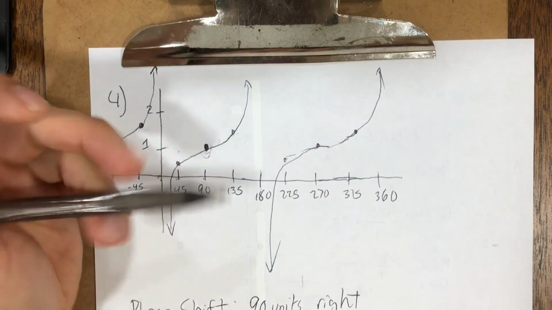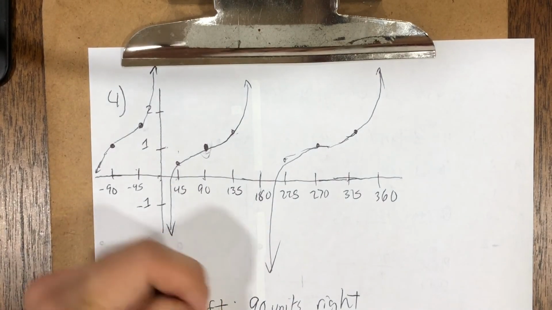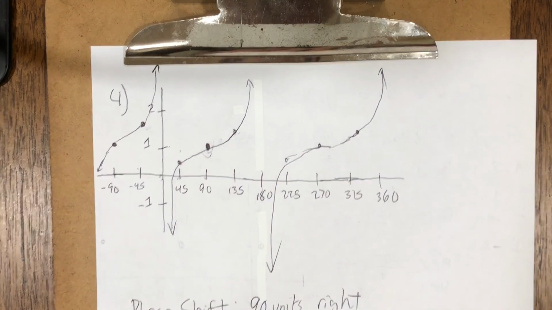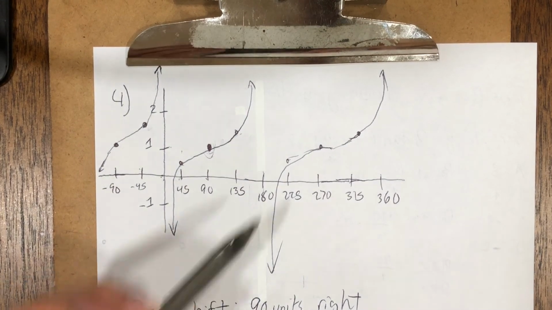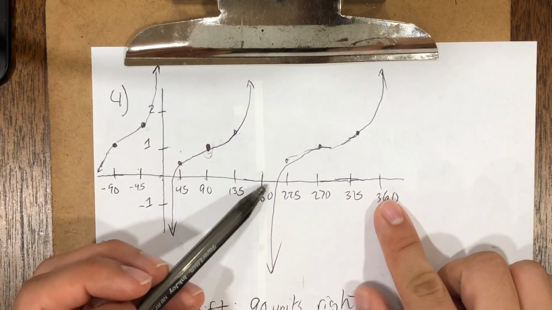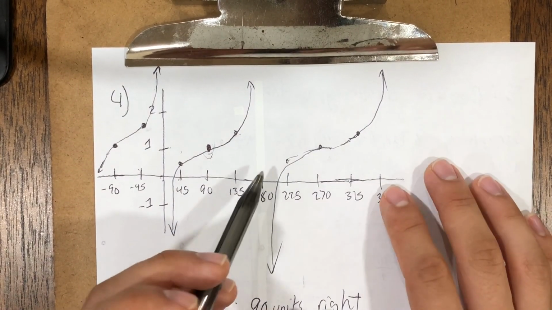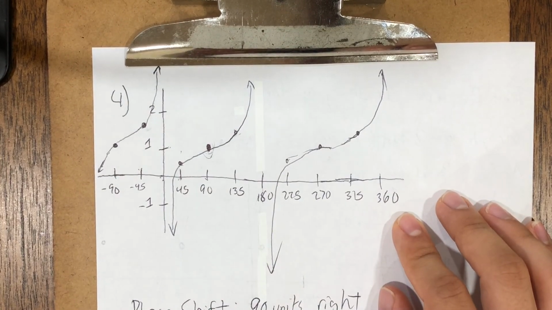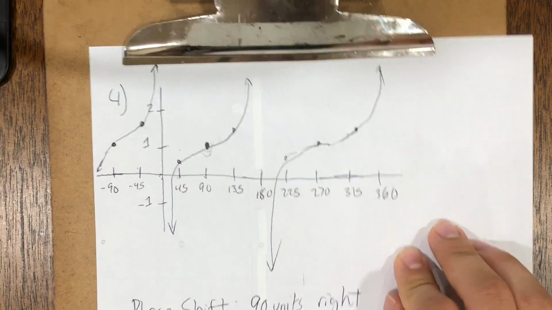So that means that the period would be 180 degrees. All right. And then we see that from 180 to 360, the graph never touches in between those two numbers. And if we were to subtract those two, we would still end up with 180. All right.